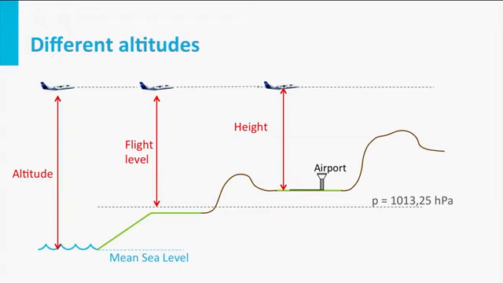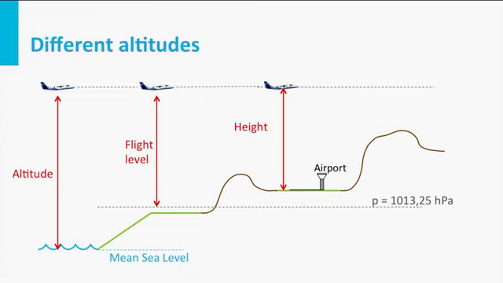If you hear an altitude given in flight levels, this uses a standard reference of 1013.25 hectopascal, the value we know from the standard atmosphere. And the word height, for decision height or height in general, always refers to the altitude above an airport. So the pressure at the airport is important then.